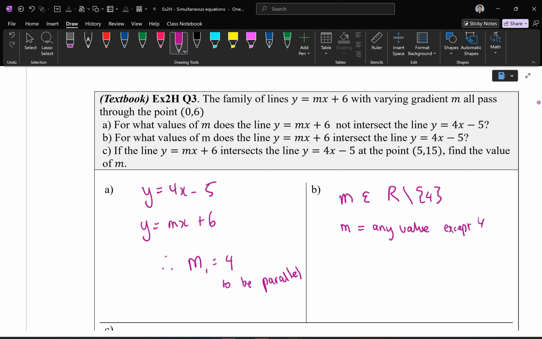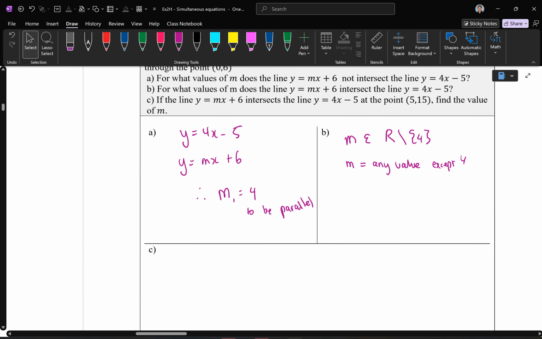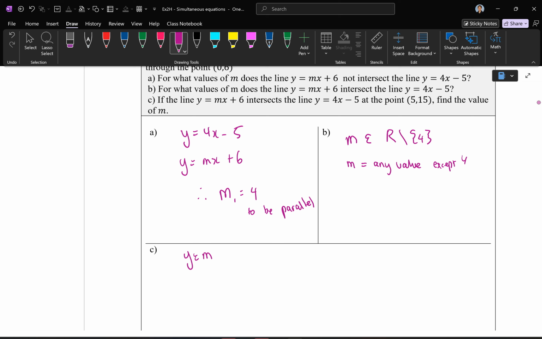So if they intersect at (5, 15), that means when you sub 5 for x, the y should be 15 in both equations. 5 can go here, and 15 can go there, because they both intersect at the same point.